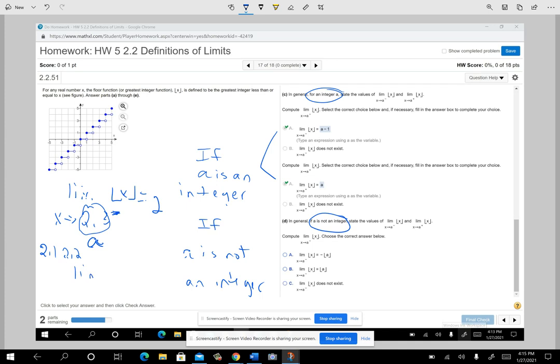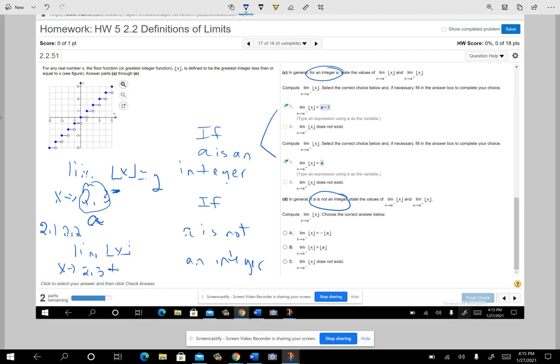And then when I do the limit of the function as x approaches 2.3 and it's from the right, okay, then I'm considering my x moving. So I'm using things like 2.5, 2.4, but I'm noticing that I still get 2. Okay, so I'm noticing that I get the integer that's less than or equal to that number.